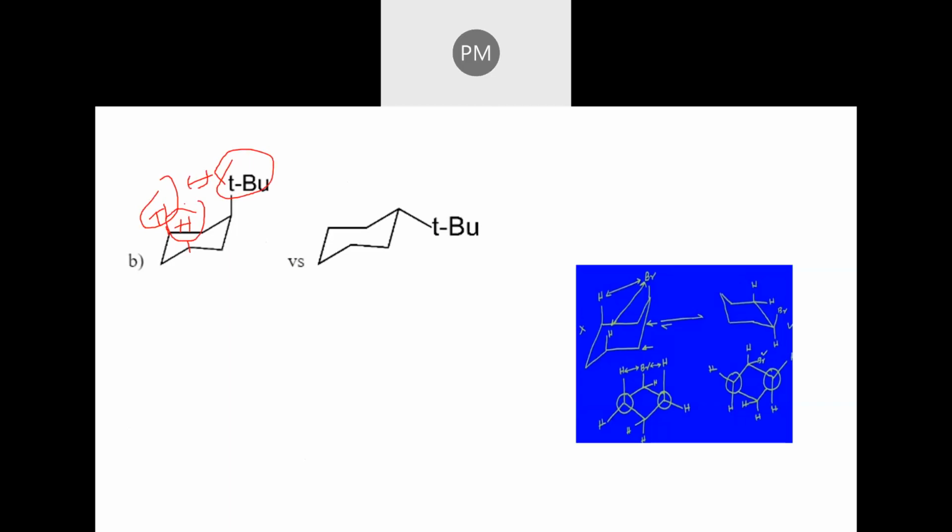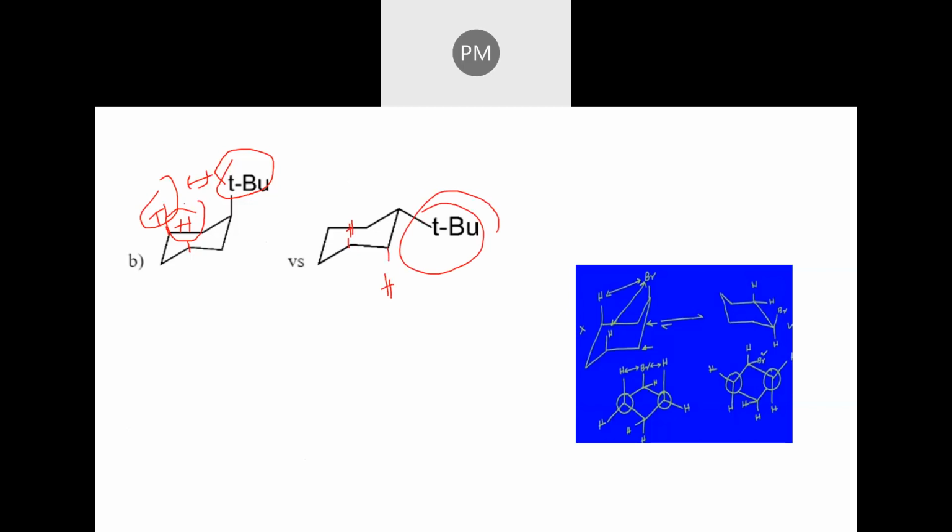So this conformation will be less stable. But when the tert-butyl is in the equatorial position, there will not be much steric hindrance here. So in that case this conformation will be our more stable conformation.